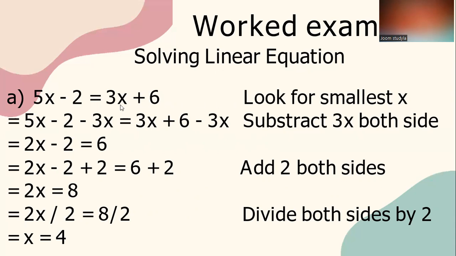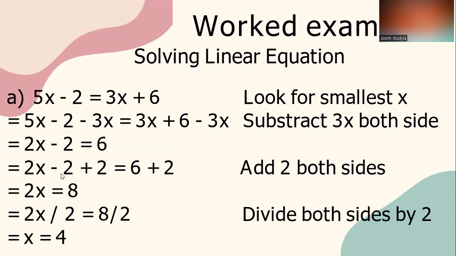In this case, 3x is the smallest. Then subtract 3x from both sides. So 5x - 2 - 3x = 3x + 6 - 3x. To simplify, 5x minus 3x becomes 2x, and minus 2 stays minus 2. 3x + 6 - 3x becomes 6.